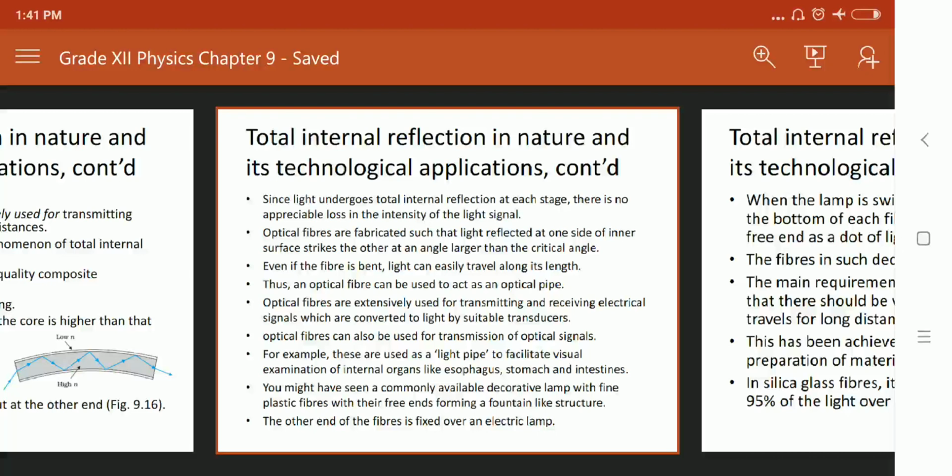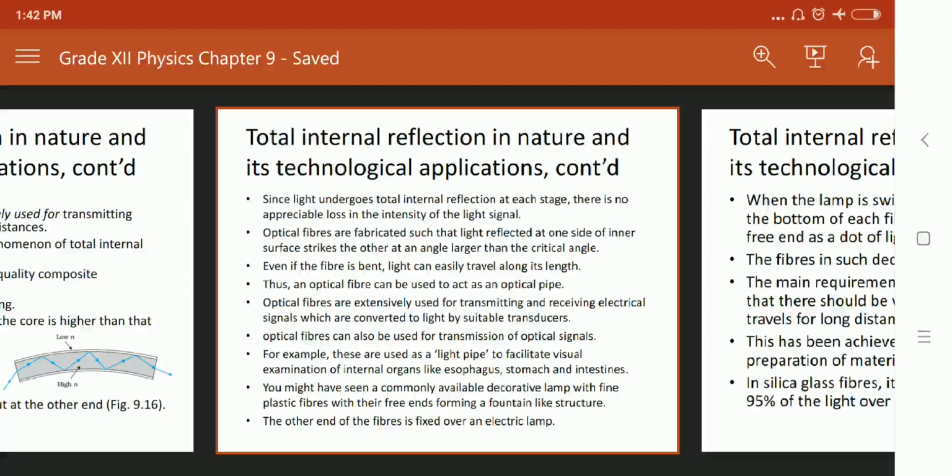Another example can be a decorative lamp. Fine plastic fibers are there, and their free ends can show like a fountain light. From one end an electric signal is applied and converted into light, and the other ends are free. So at the ends the light beams, light dots, can be visible.